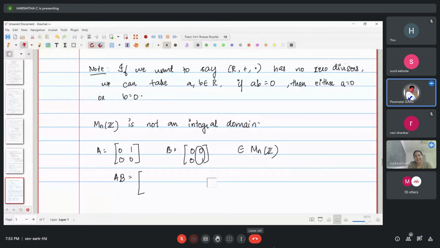Can you slightly change your example? See, if you put the one here or here, you will face the same problem. So where else can you put your one? Maybe the second row is 1 0.